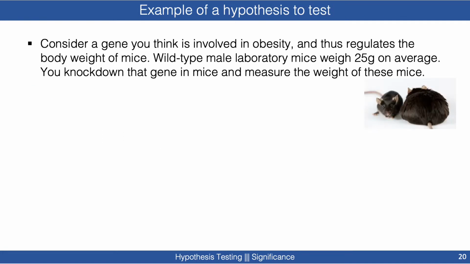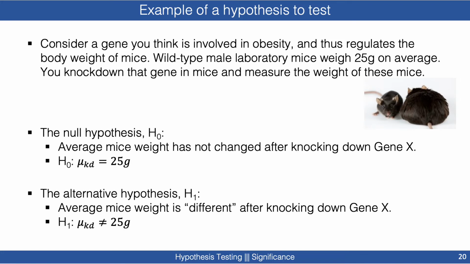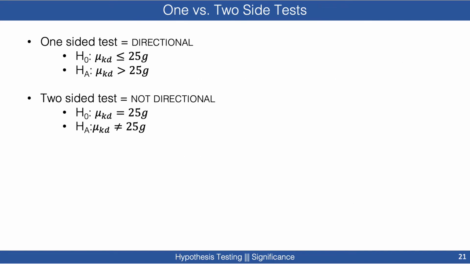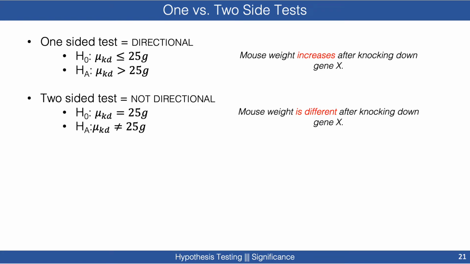Going back to the knockout gene example, we had discussed the null hypothesis of the mice weighing the same as the wild type versus the mice not weighing the same. So your hypothesis can be a little bit more subtle. You can hypothesize that the loss of the gene makes mice more obese. In that case, we call this a directional test, and it's one in which you hypothesize, as opposed to the hypothesis we have been discussing, that the mean of your samples is actually greater or smaller than the wild type.